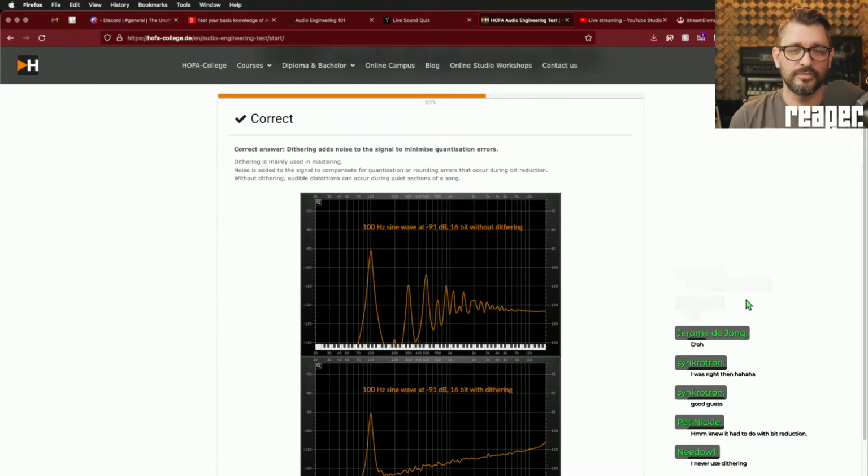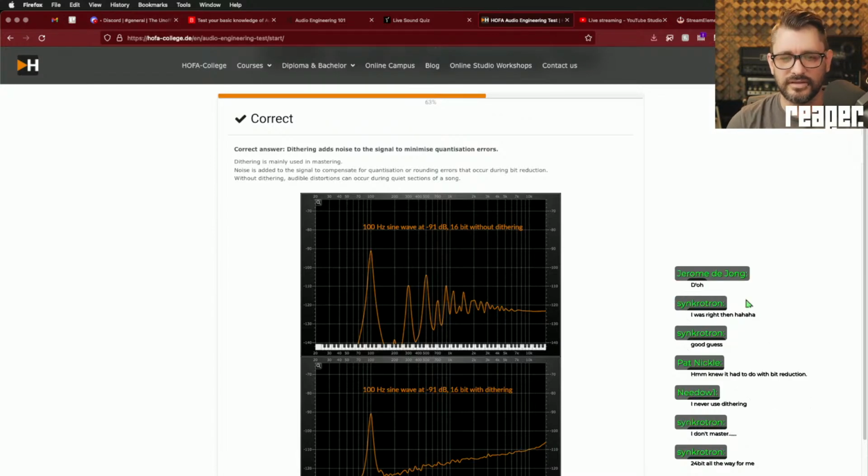But if you're going from 24-bit to 16-bit, or 32-bit to 16-bit, you should add dither so that your signal is not the least significant thing which gets truncated, taken out of the rendered file. By adding this very low-level dither noise, it makes your signal more significant, and those least significant bits don't get taken out.